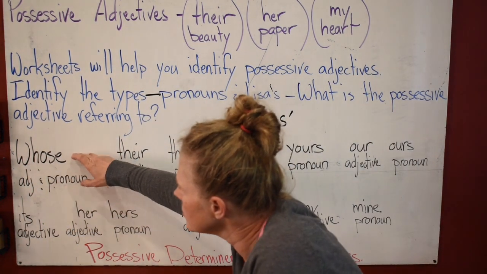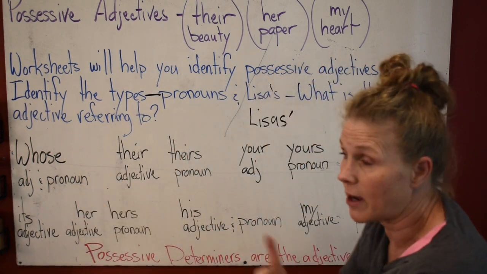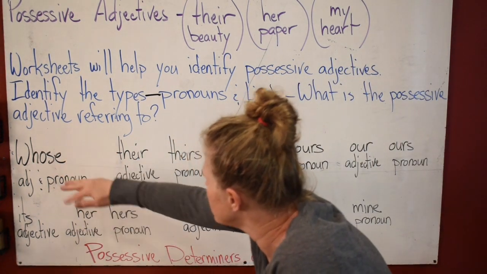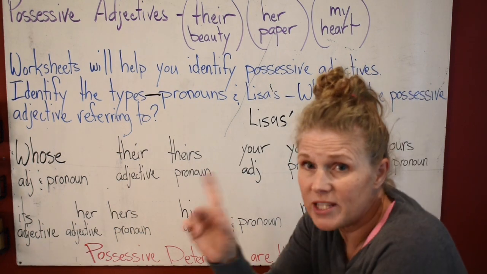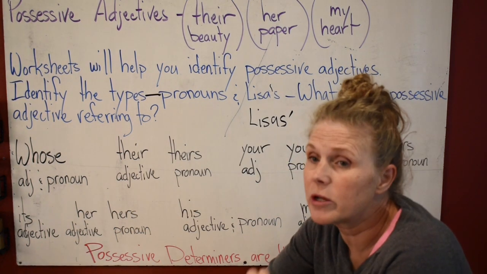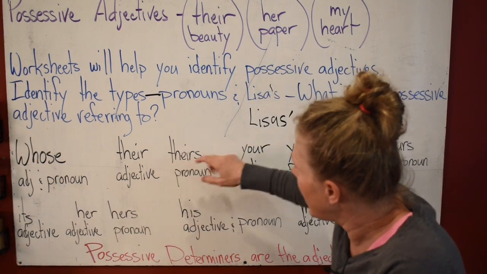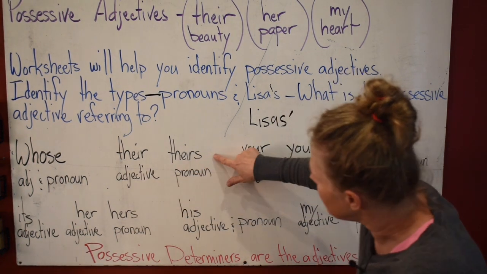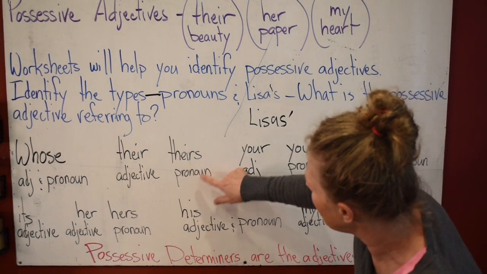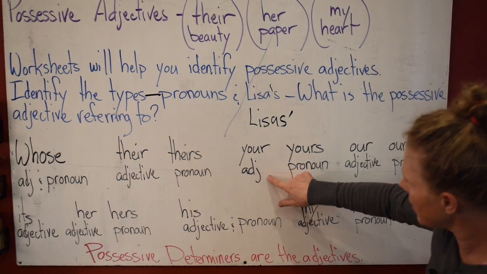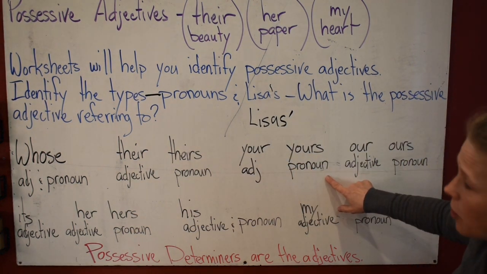We have whose is an adjective and a pronoun. The word whose, you can have it as both. Now we talked about in our other lesson, we really focused on it as the adjective. Now we have their is an adjective, theirs is the pronoun. See how we have the S on. Your is the adjective, yours is the pronoun.